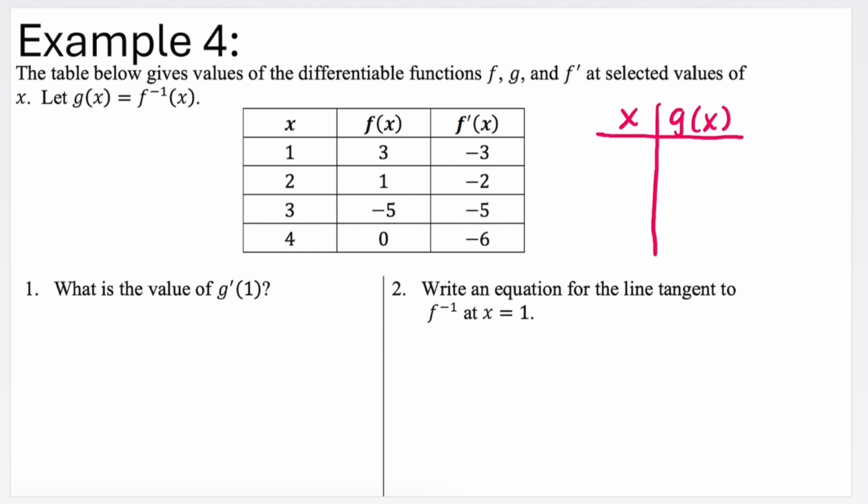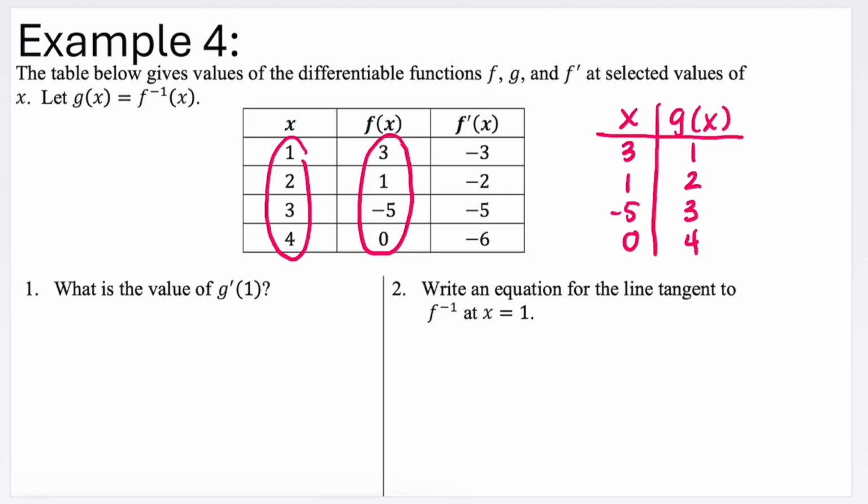I'm going to make a little table out here to the side so you can see what that would look like. When I make the table for g of x, all of these are going to be my input values, and all of these are going to be my output values. So there's my table for g of x. It doesn't line up with the x values of that original table. It's asking for the value of g prime of 1.